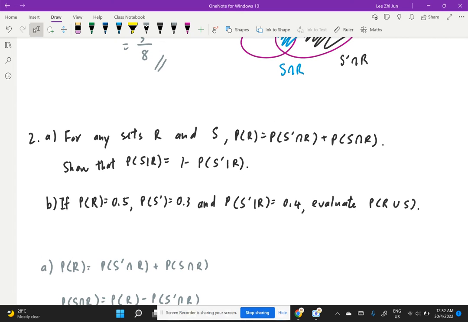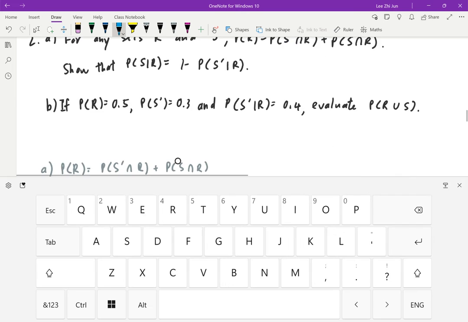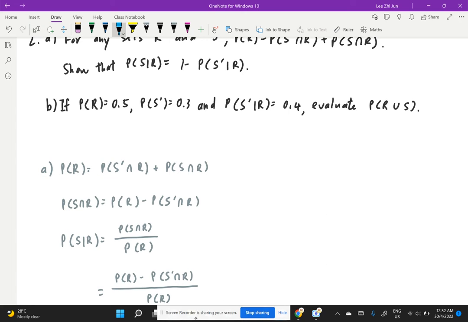So we know by using the formula given, P(R) equals P(S'∩R) plus P(S∩R). So I move the P(S∩R) here: P(R) minus P(S'∩R).